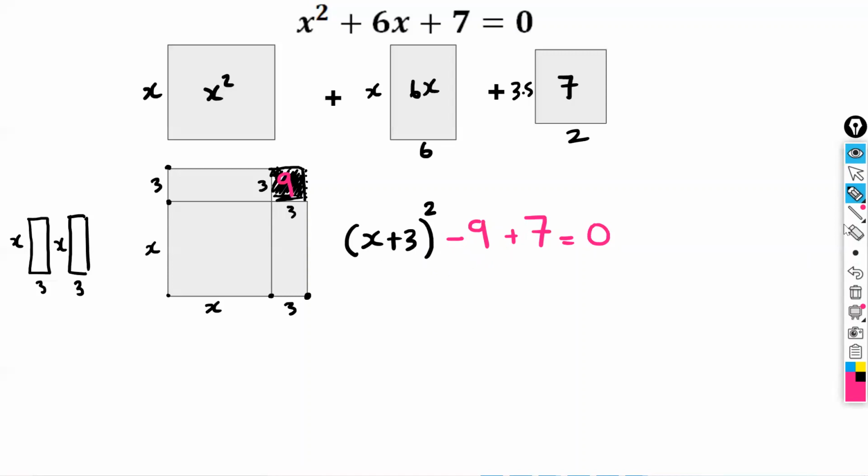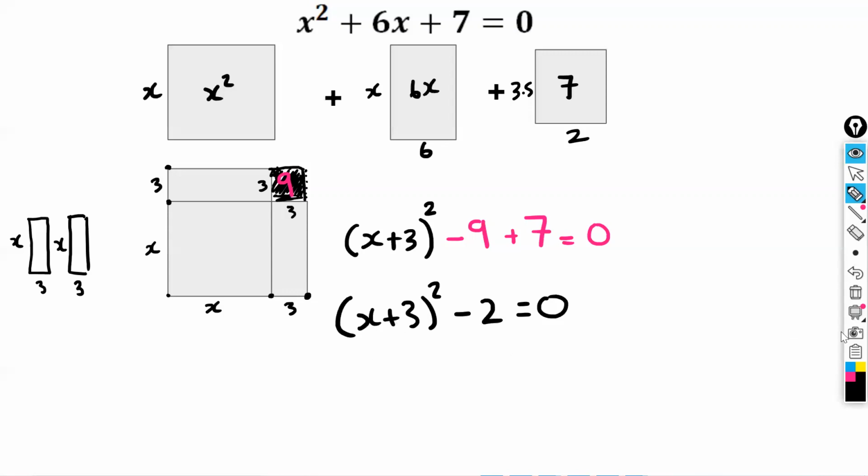And what we'll have, if we were to simplify this, is x plus 3 in brackets squared, and then minus 9 plus 7 is going to be minus 2, is equal to 0. And then once we have our answer in this format, we can actually solve what we have here.